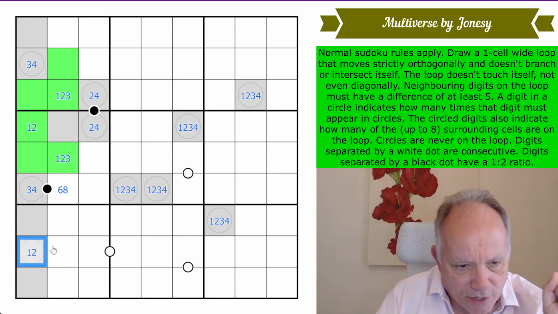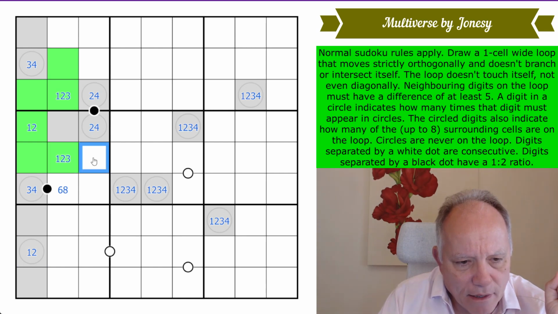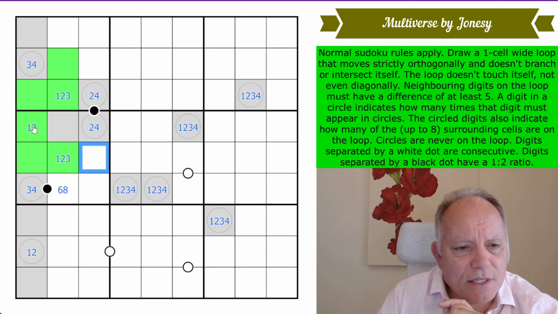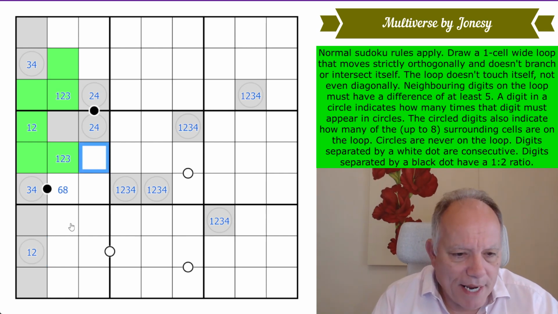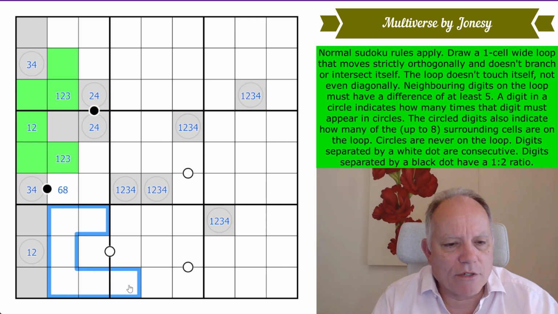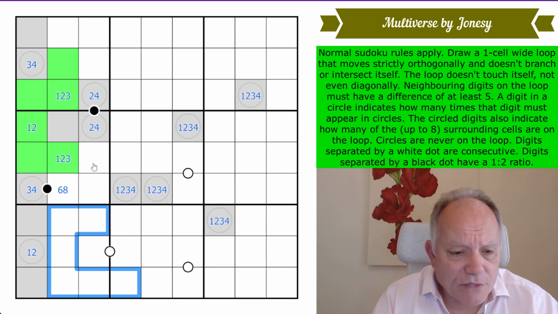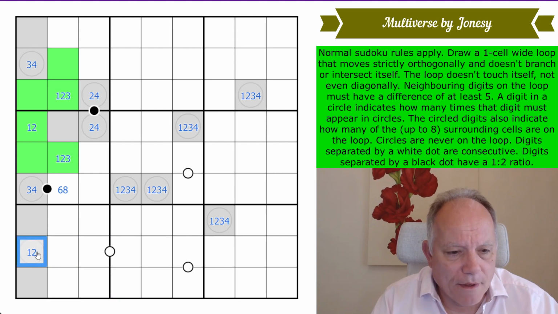Now that's interesting, because I saw earlier that if this loop went to here, I didn't mention this, but I did see it. If this green loop goes to there, then how's it ever going to touch this cell? The only way would be by turning in towards it and going out away from it again. And that is very possible, but that would make this cell a 3.